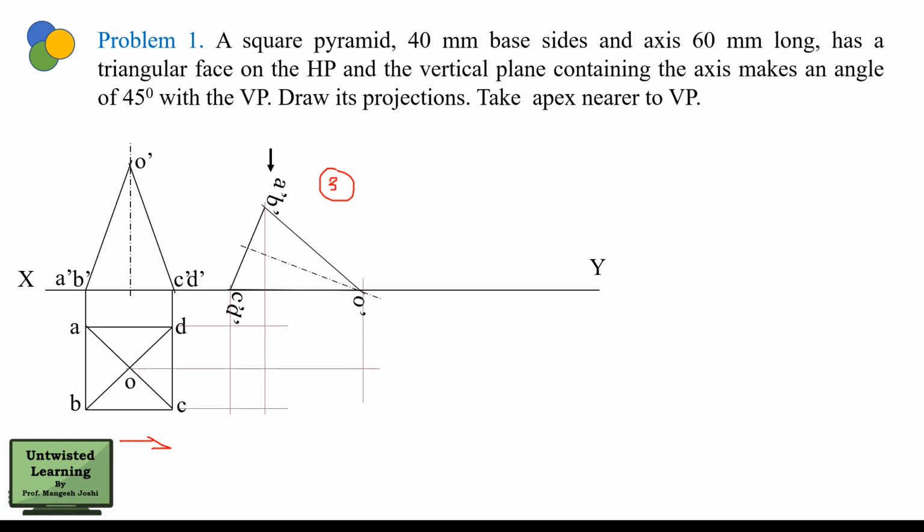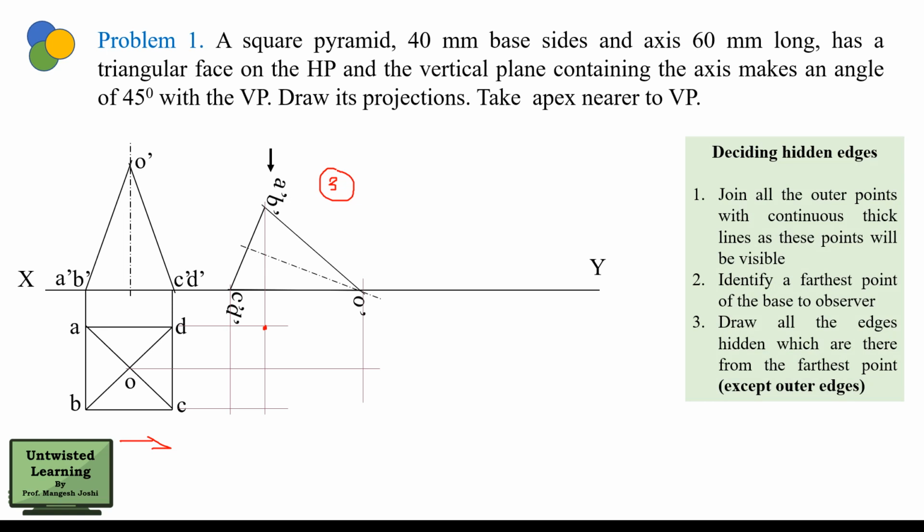So you have got intersection of A and A, this as 1 point. Then there should be a naming also here. So this is your A point, this is your B point, this is your O point, then C point, and then this is your D point in top view.